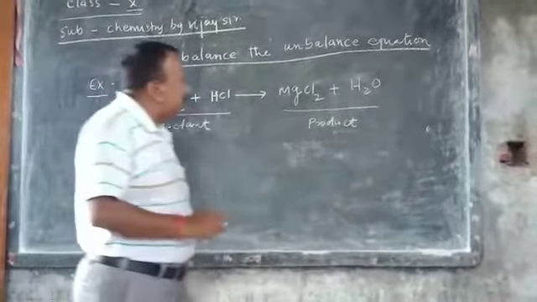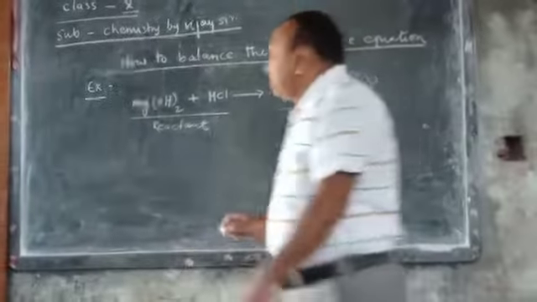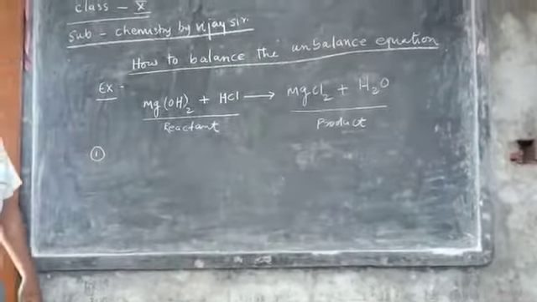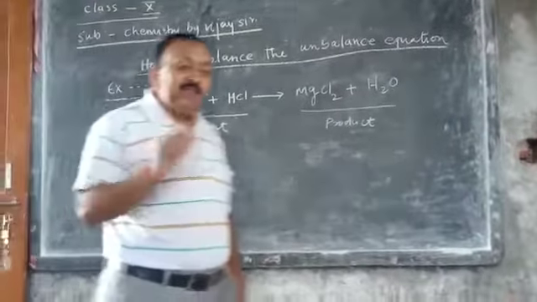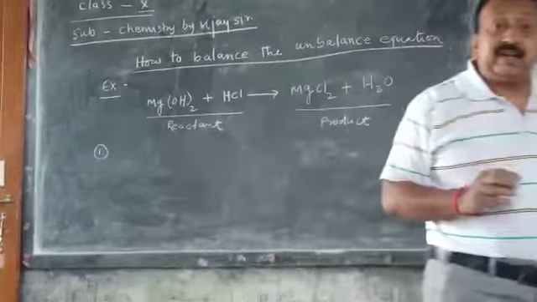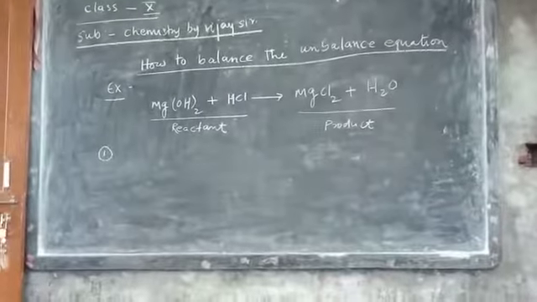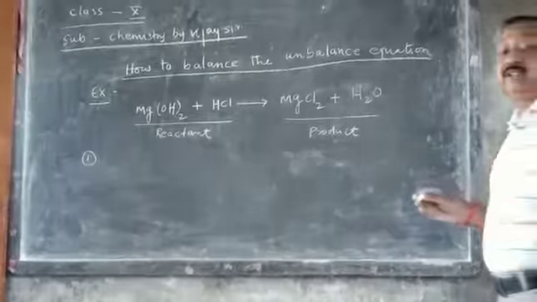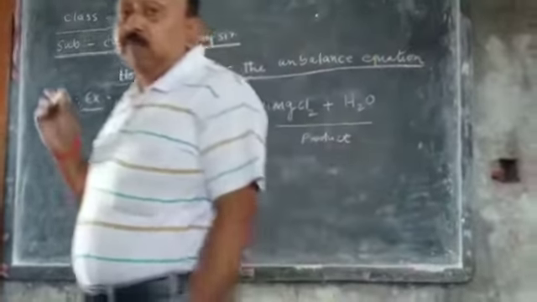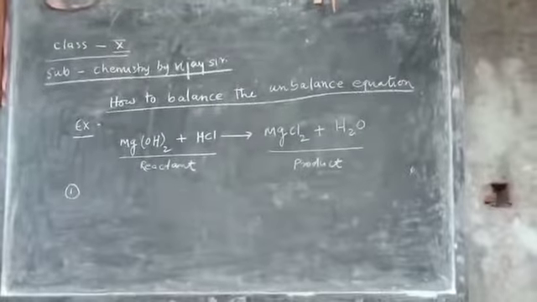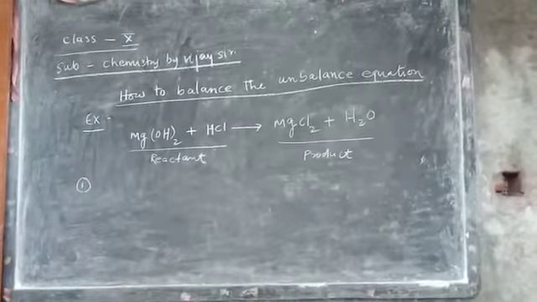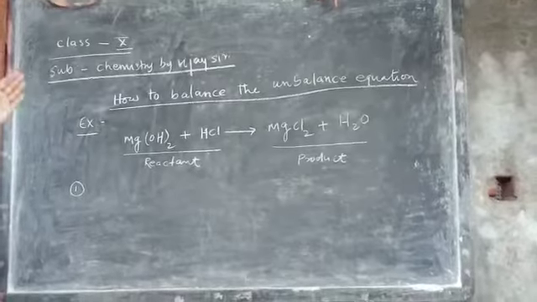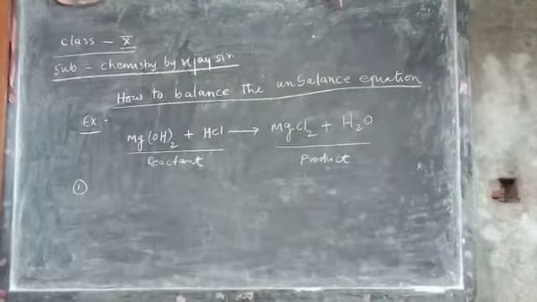In the previous class, what were the tips? The first tip on how to balance the equation is that the number of atoms of each element in the reactant is equal to the number of atoms of each element present in the product. First of all, we find how many elements are present in the reactant and in the product.